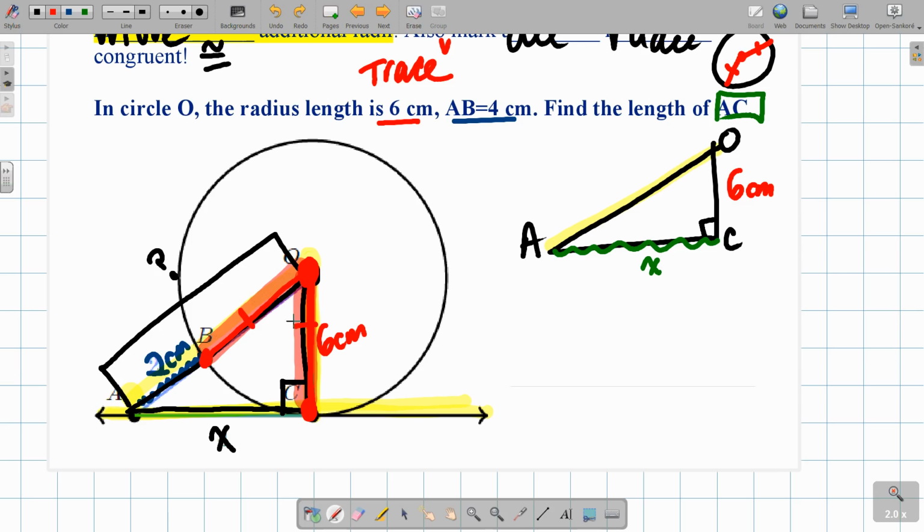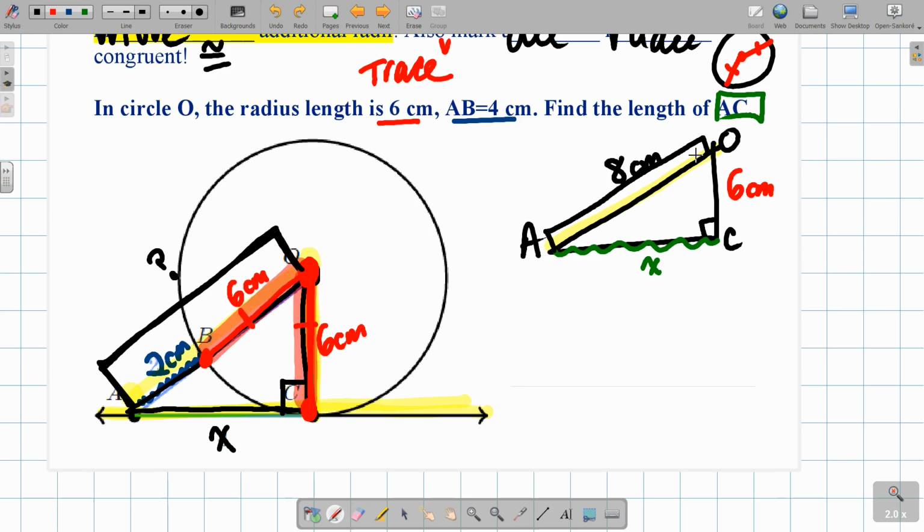So if O to C is 6, O to B has to also be 6 centimeters. Which means the segment we really want right there, folks, add that up. Ooh, you just figured out that that whole thing is now going to be 8 centimeters.